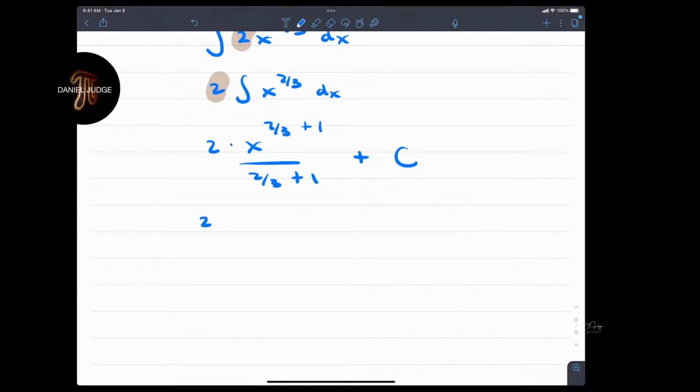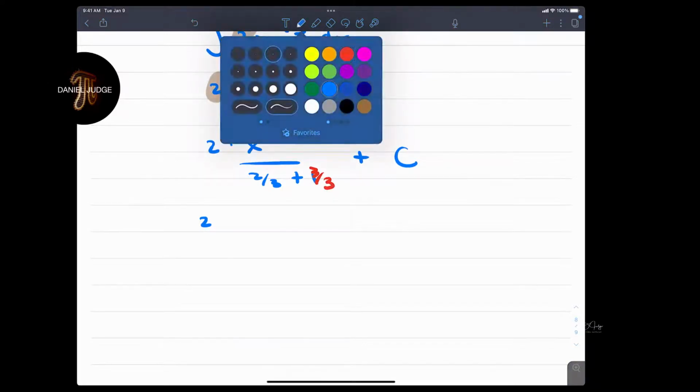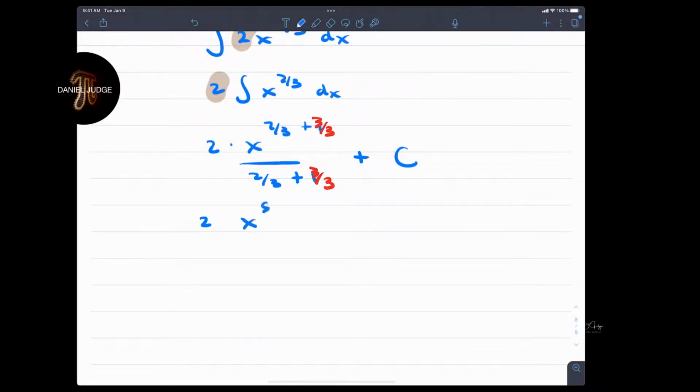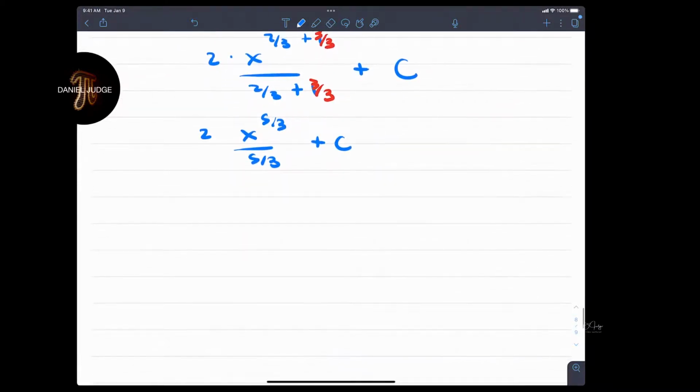This is now going to be, remember, 1 is going to be 3/3. So 5/3. 5/3 plus c. And we're going to end up with 2 times 3/5 x to the 5/3 plus c, which is going to be finally 6/5.